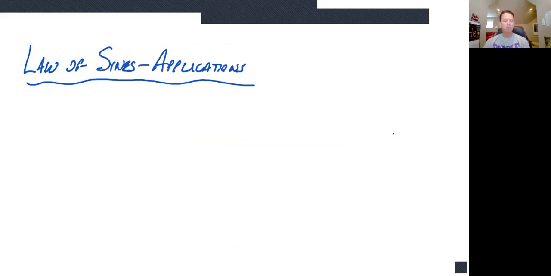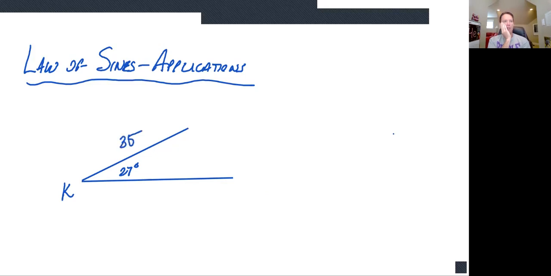So I'm going to make an angle here of 27 degrees, and this is going to be angle K. Side P I'm going to put here at 35.